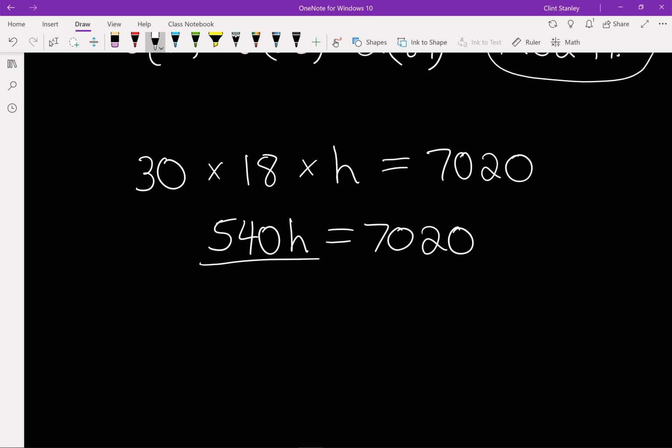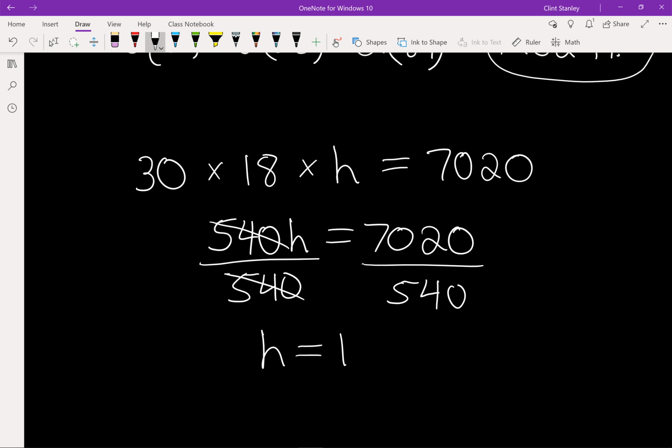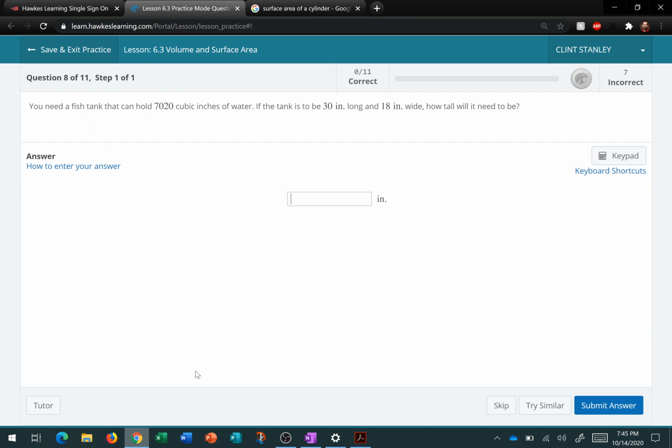And then we divide both sides by 540. So h is going to be 7,020 divided by 540. h is going to be 13. Okay. I think it's inches. Is that right? Yeah, 13 inches is how tall our tank is going to be.